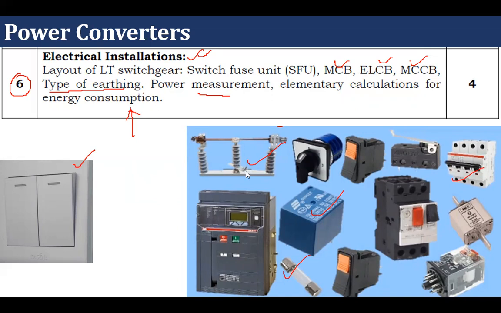So we are going to understand how electricity bill comes, what is the meaning of 1 unit of energy consumption, and we'll do mathematical calculation related to the energy consumption for given appliances.